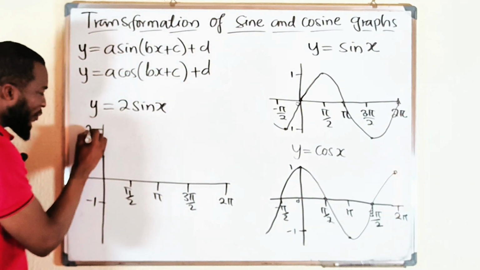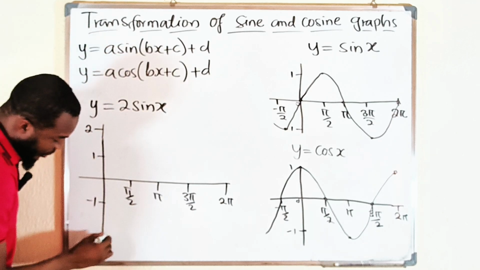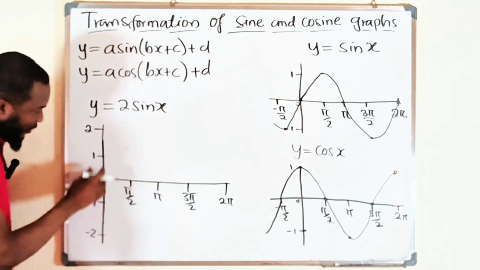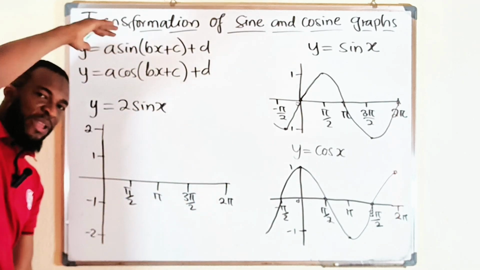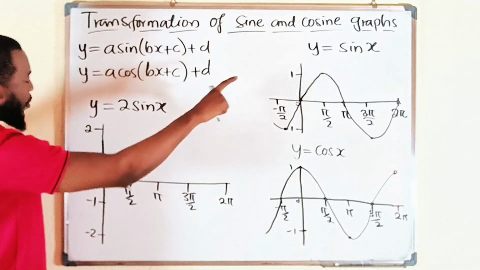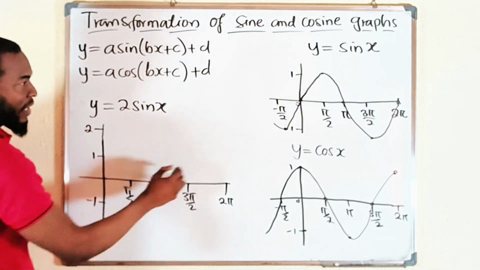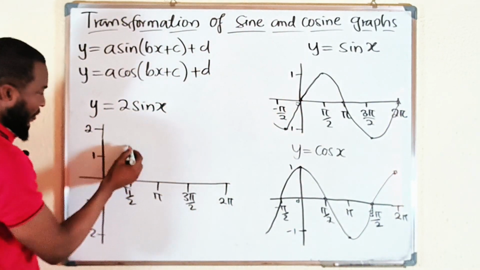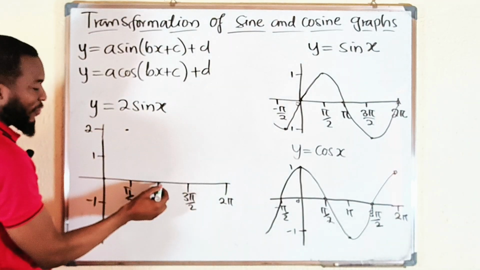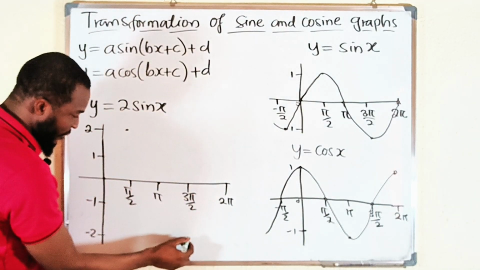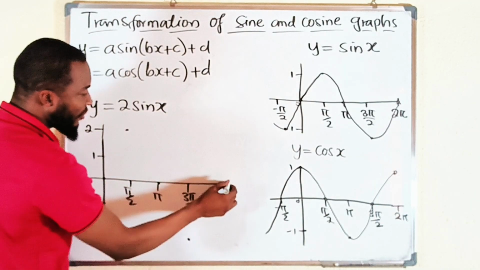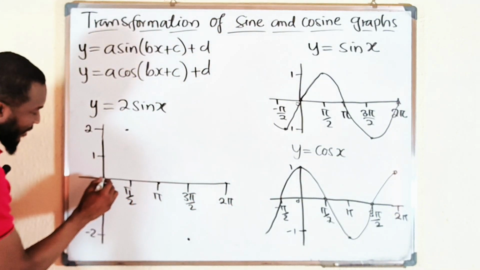So it means that the graph will reach up to 2 and down to negative 2. So you see that it has been stretched vertically. All other points remain the same. We have 0, then the maximum, which is now 2, to 0, to the minimum, which is now negative 2, and down to 0.